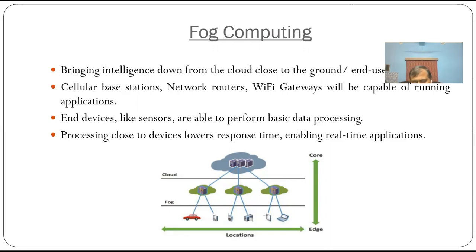So here in the diagram, you can see that at the very bottom level we have several end devices like cars, laptops, servers, smartphones, and they are connected to the fog nodes, which are some specialized devices, and those devices are again connected to the backend cloud. At the top we have the core architecture, and at the edge we have the fog devices. This is how the particular system has been built.